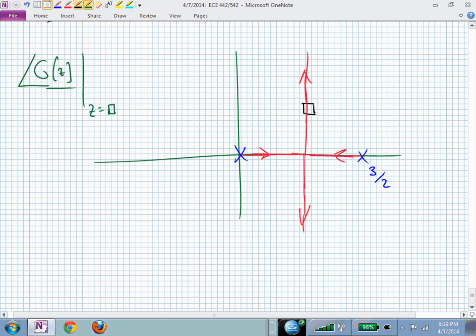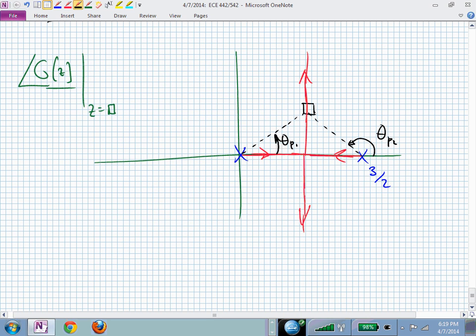I need to worry about this angle. Let me call that theta p1, and this angle theta p sub 2. The angle from these two points, and if I had other poles and zeros in g of z, I would have to find their angles to that square and add all of those up algebraically.